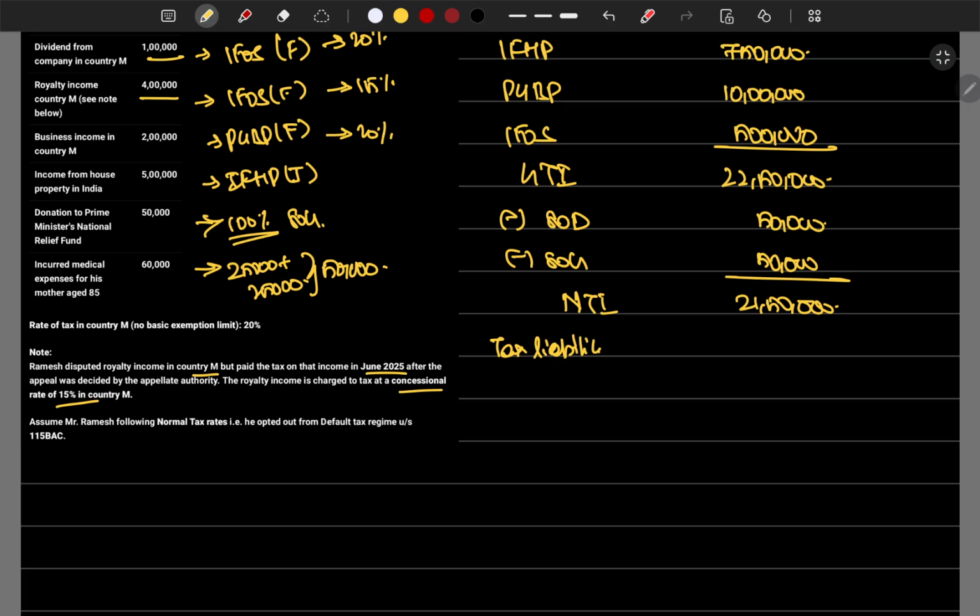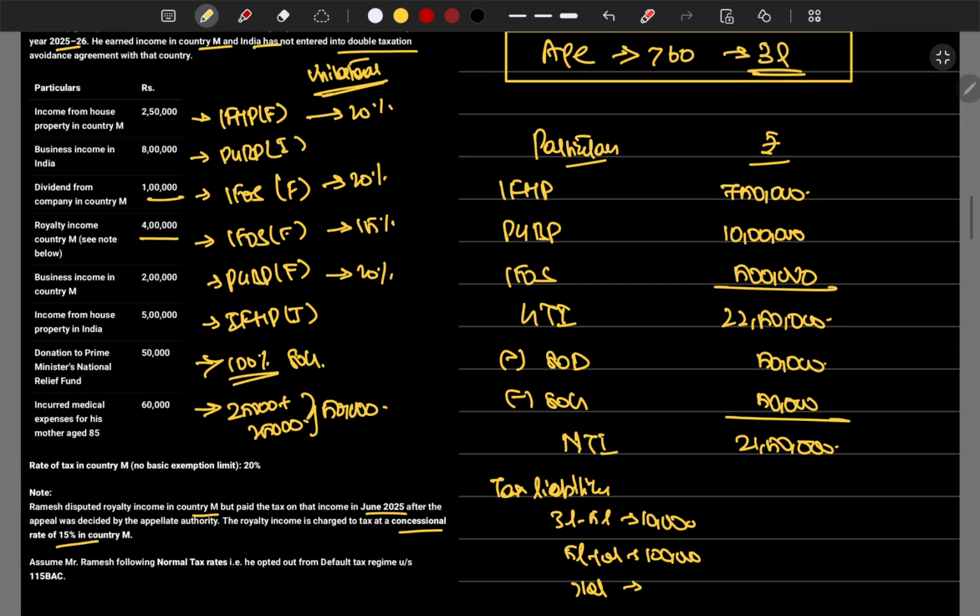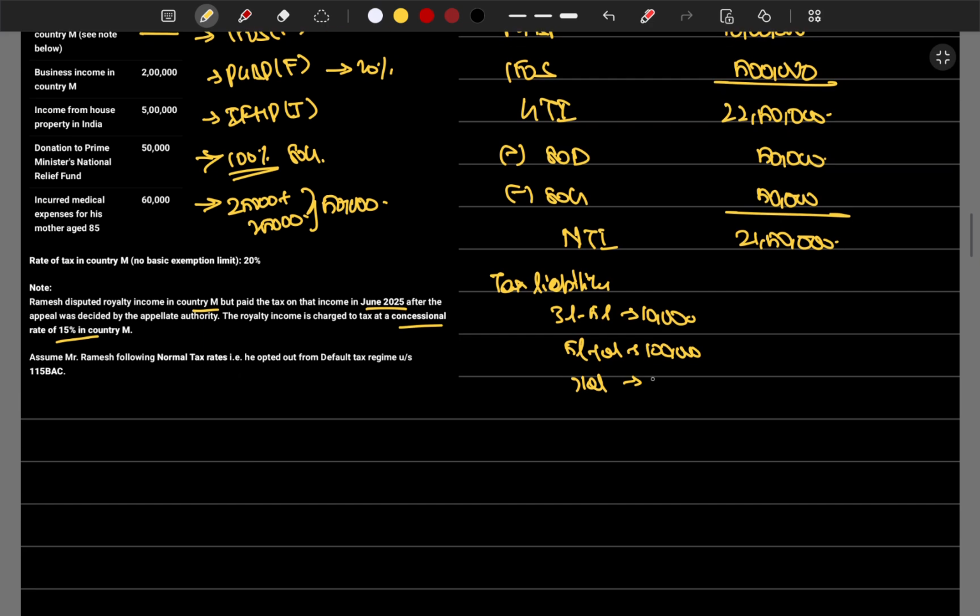Basic exemption limit is 3 lakh, 3 to 5 lakh is 10,000, 5 lakh to 10 lakh, and more than 10 lakh, which is 11 lakh 50,000 into 30%, which is 3 lakh 45,000 plus 4%, which is 4 lakh 73,200 is the tax liability.